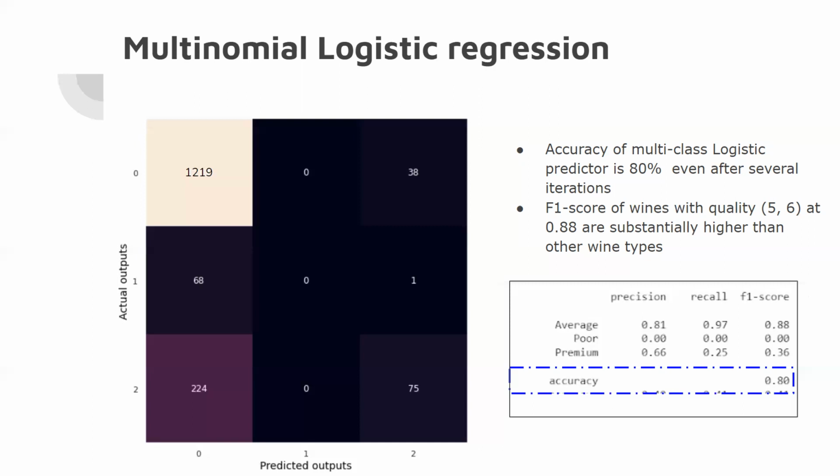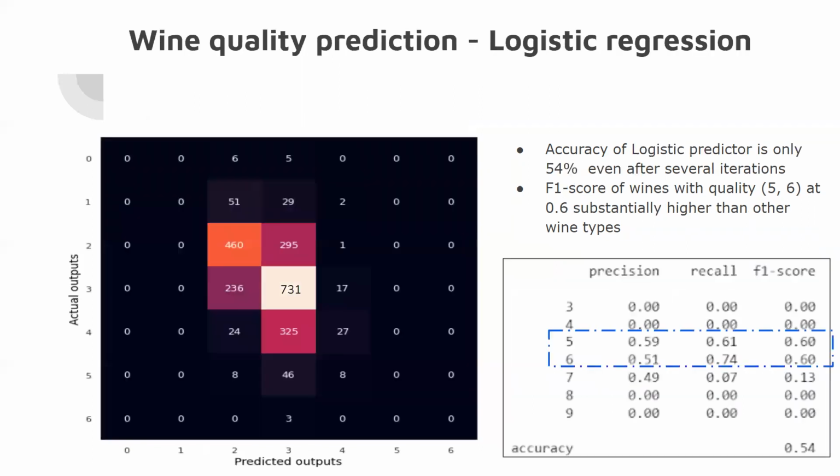Now, this can be connected back to our earlier binomial regression, which had a better precision and F1 score when it comes to premium or good wines, but not a similar score for bad wines. So the dataset needs to be improved if you were to classify the bad wines correctly. That is definitely something that needs to be improved.